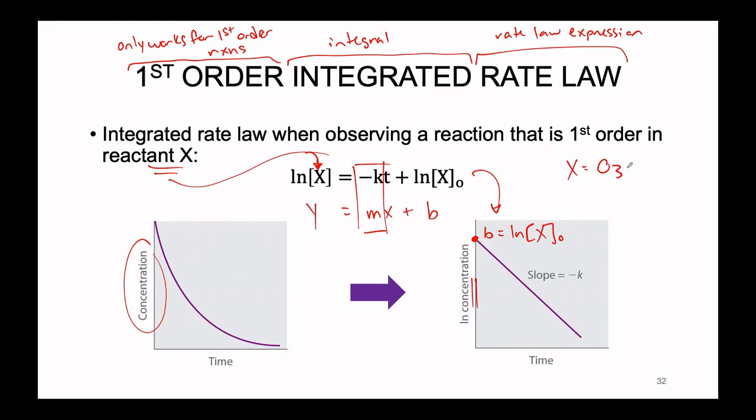So the takeaway message here is we have now found an equation that relates concentration versus time in a linear and expected way. This is super powerful because it means that if we know the initial concentration of our reactant, and if we know the rate constant for the reactant, we can determine the concentration of that reactant at any time point in the future.